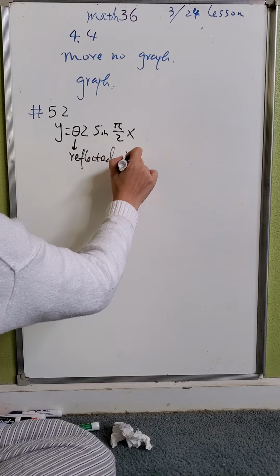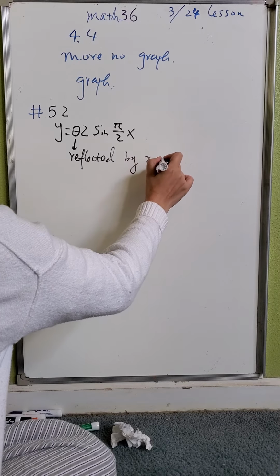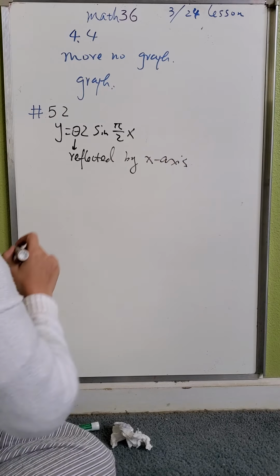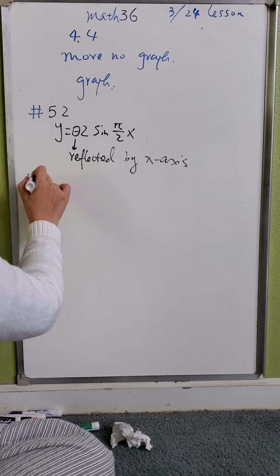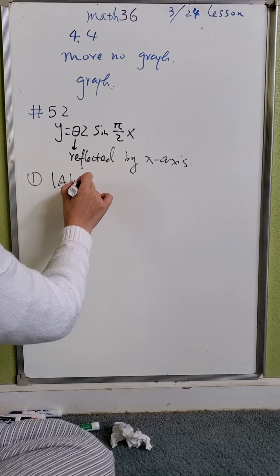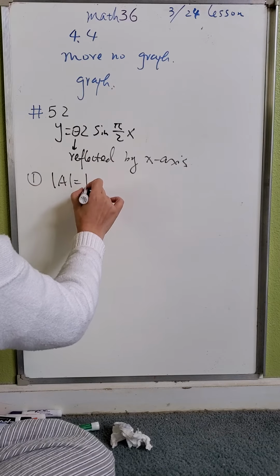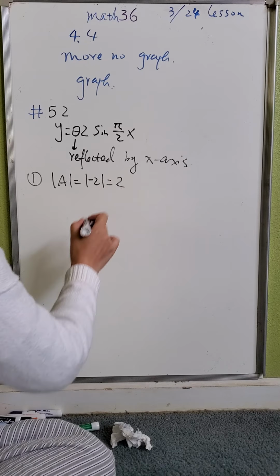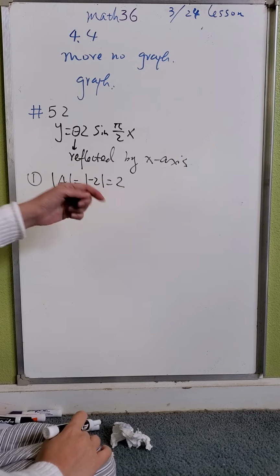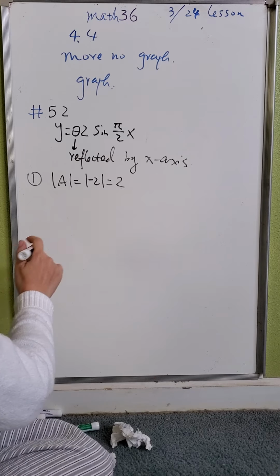Reflect by the x-axis. So for the amplitude, again, first amplitude is equal to negative 2, equal to 2. That's why the amplitude is always positive. It's a distance, okay?